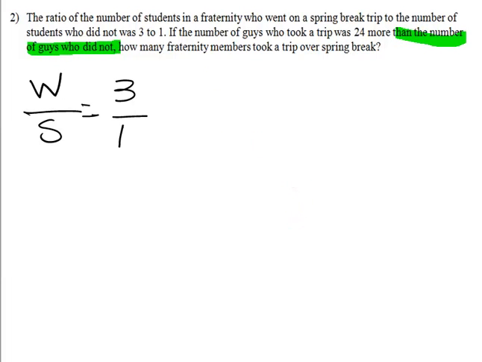I'm going to use the guys who stayed as my base variable, my hard variable. So S. They're telling me the number of guys who went is 24 more than the number who stayed. So stayed plus 24. And that number equals the original relationship, which is 3 to 1.